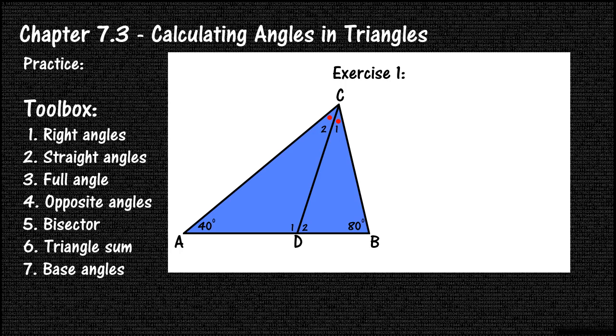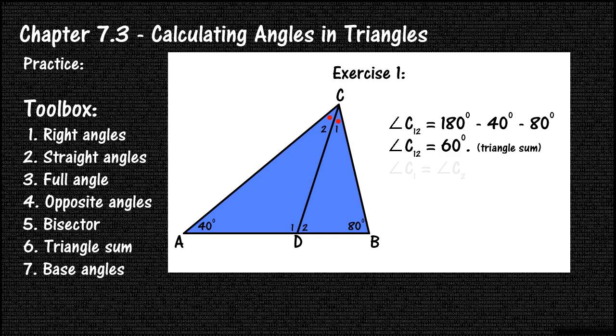If we were to look at triangle ABC, we notice that we already know 2 angles, A and B. This allows us to calculate the size of C12. 180 minus 40 minus 80 is equal to 60 degrees. And because CD is the bisector of angle C, we know that angle C1 and C2 are both 30 degrees.